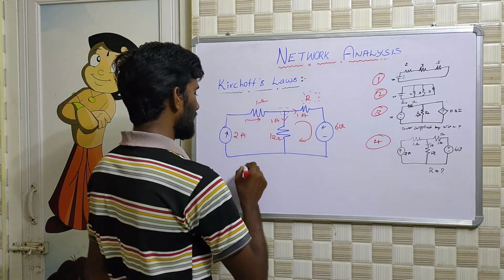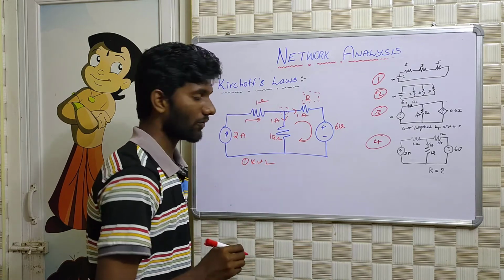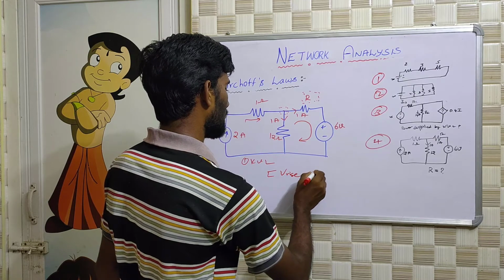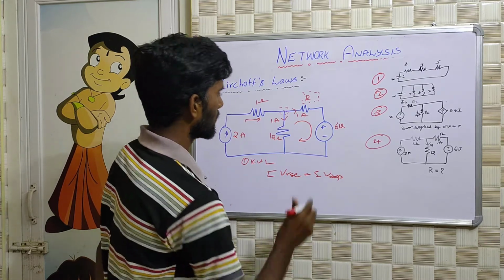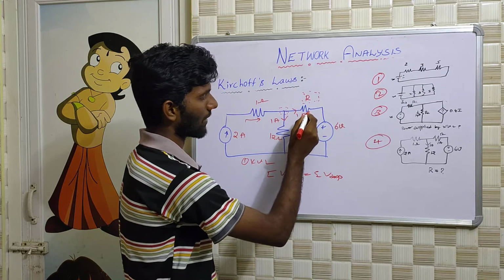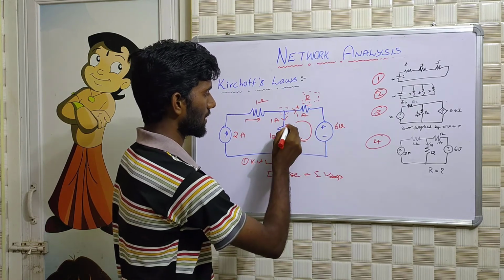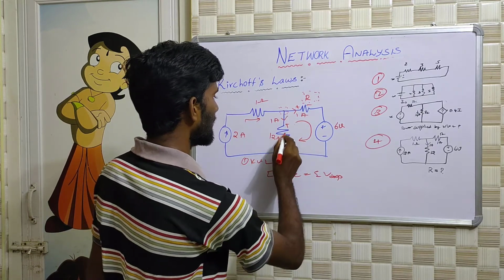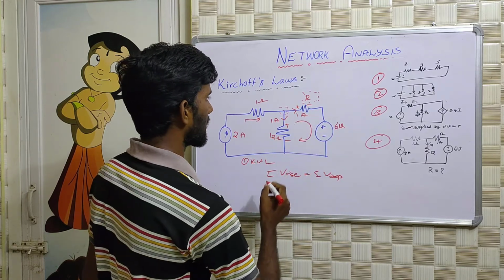So from KVL we know the sum of voltage rise is equal to the sum of voltage drop. So this is a positive entering, so this is a positive entering, so this is negative, so this will be a voltage drop, so these two will be voltage rise.